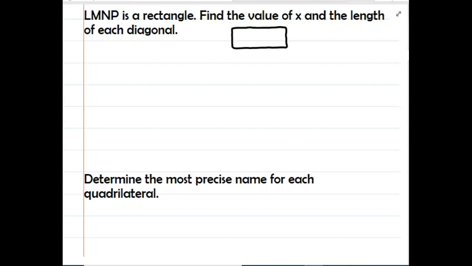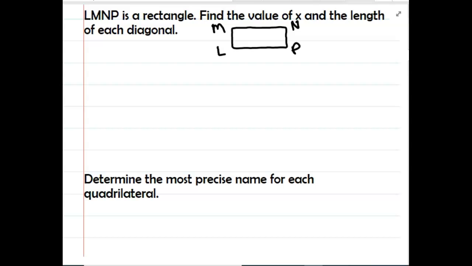Okay? But here's the thing, if you put L right here, M has to go here or here. Because you have to go in order around the rectangle. It doesn't matter if you go clockwise or counterclockwise around the rectangle, but you could not put M over here. You have to go L, M, N, P, or the opposite direction.